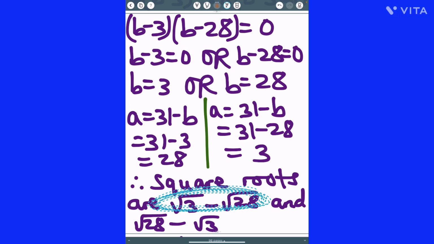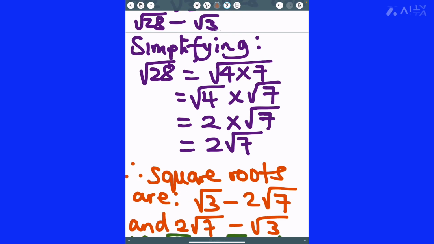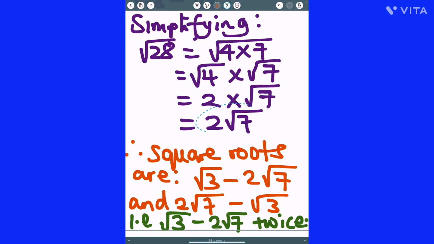So you can simplify root 28 into its basic form, 2 root 7. So your square roots are root 3 minus 2 root 7 and 2 root 7 minus root 3.